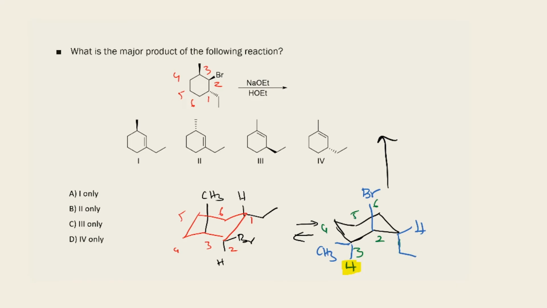Okay. So, if this undergoes elimination, then you would end up with a situation where you get, let me just draw out the chair once again. Okay. So, just to keep the same numbering, let me see, it is 1, 2, 3, 4, 5 and 6. So, let me draw the newly formed double bond between carbon 2 and carbon 3 first, right, and then you have a CH3 over here, and the ethyl group is over here and hydrogen is over here.